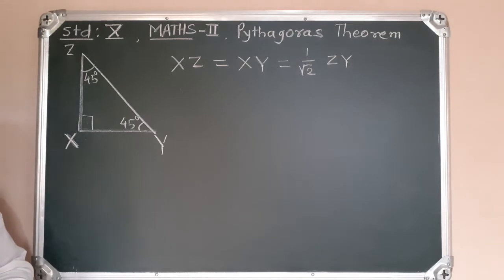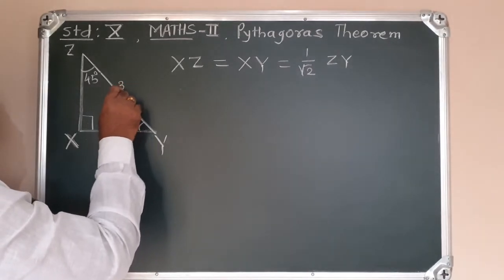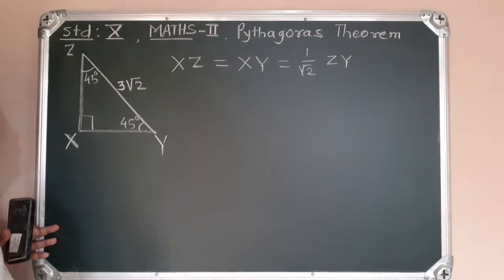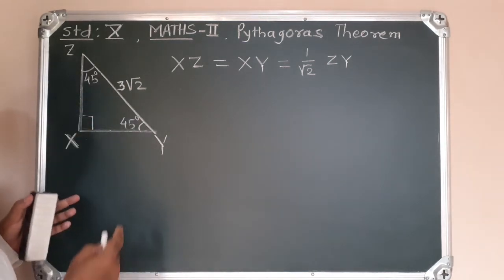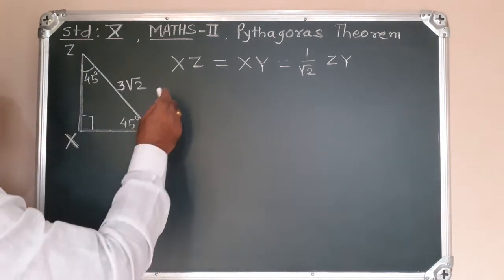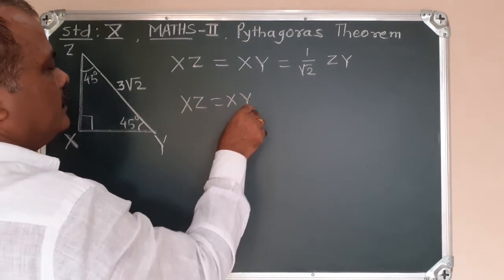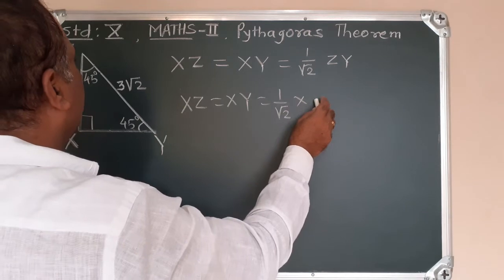Now there are some examples. First example is given like this. Measure of length of this side is given. So this is hypotenuse, that is given 3 root 2. So what is length of XZ and XY? Both are same. So XZ is equal to XY is equal to 1 upon root 2 into ZY.